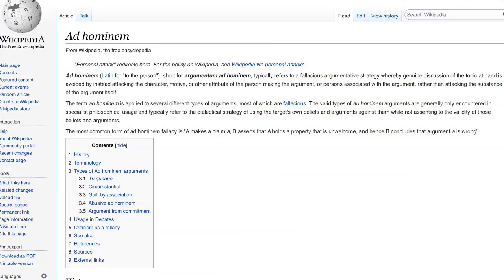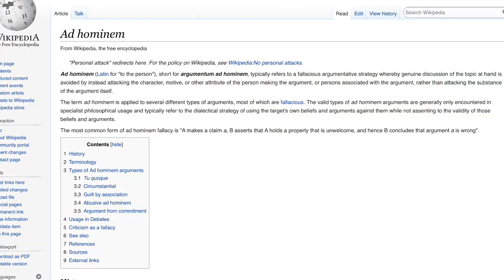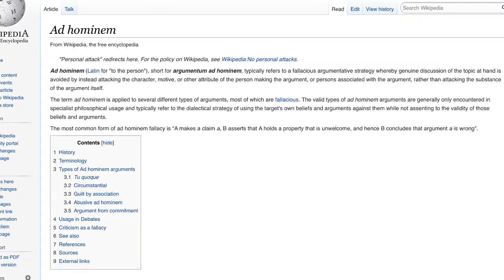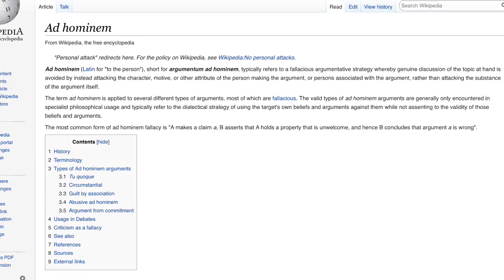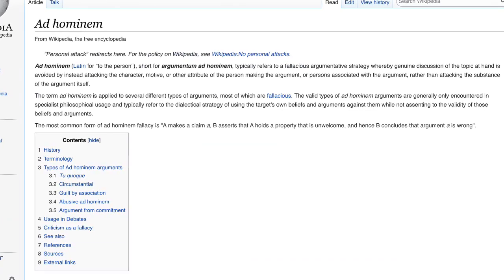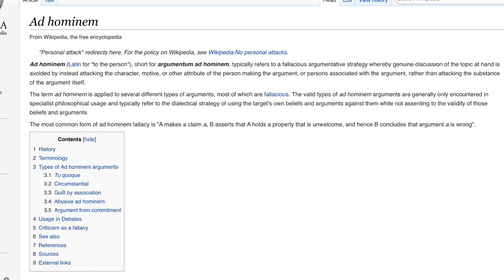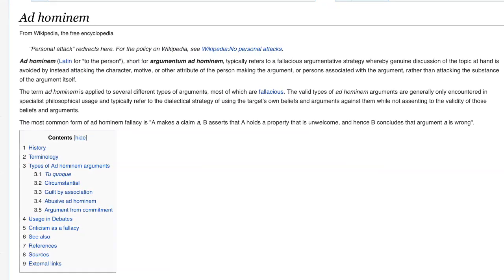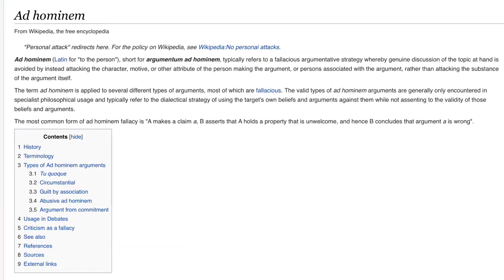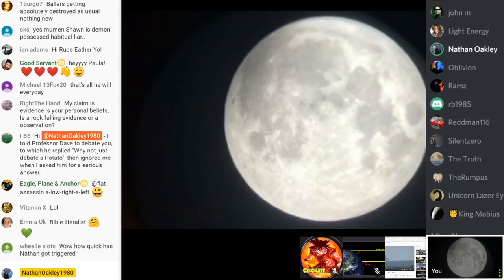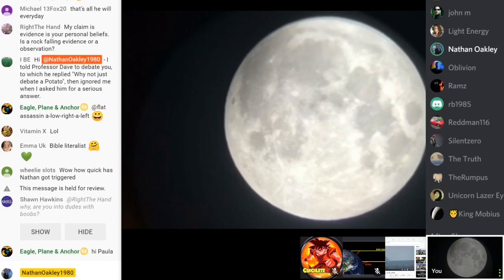Ad hominem, Latin for to the person, short for argumentum ad hominem, typically refers to a fallacious argumentative strategy whereby genuine discussion of the topic at hand is avoided by instead attacking the character, motive, or other attribute of the person making the argument, or persons associated with the argument, rather than attacking the substance of the argument itself. Because rather than rebutting my pointing out his use of a fallacy, he's called me a twat. That's an ad hominem attack, attacking me, the man, not the argument.